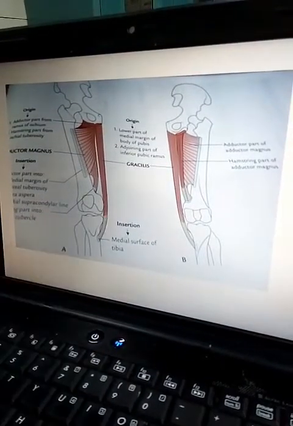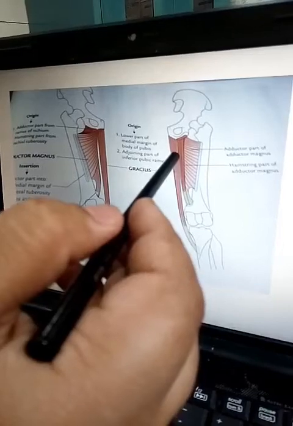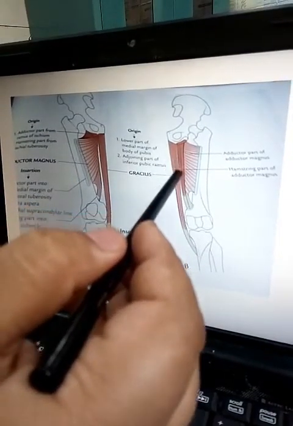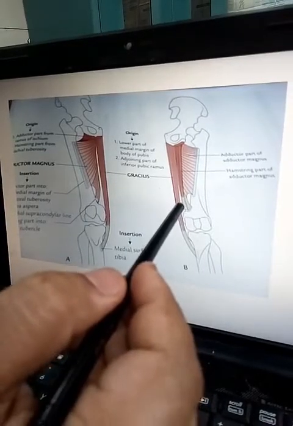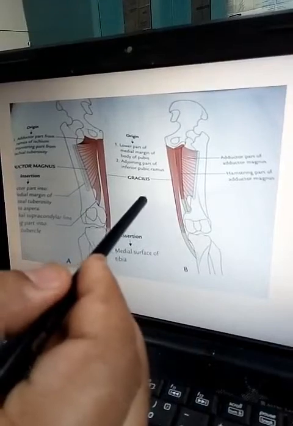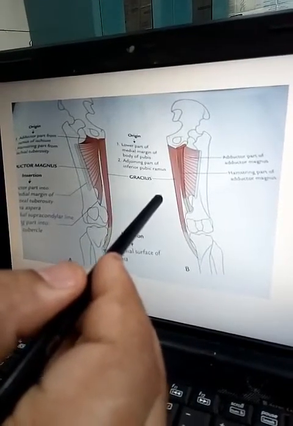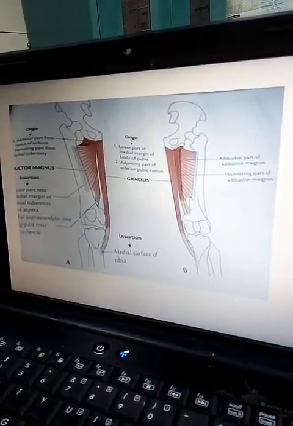Now the hamstring part passes vertically downwards to be inserted into the adductor tubercle by a rounded tendon, which sends a fibrous expansion to the lower part of the medial supracondylar line below the hiatus.